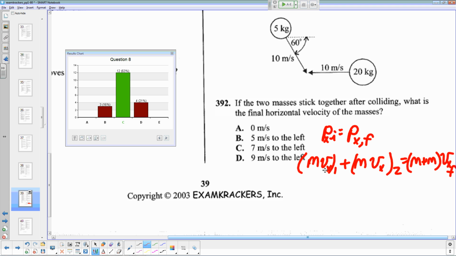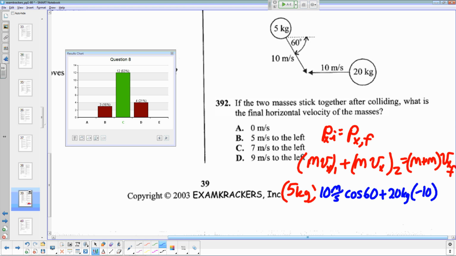So that's going to be 5 kilograms times 10 cosine of 60. What's that? Oh, it's a half. So 10 times a half, plus the mass, which is 20 kilograms, times negative 10.